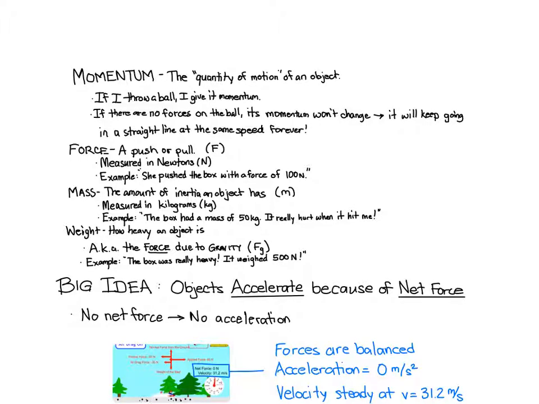It's also known as the force due to gravity, because if you think about it, that ball is pushing down on your hand, so it's a force, right? The ball weighs something. It's called the force due to gravity. It's got an F, but what's that little g mean? Force due to, little g means gravity.